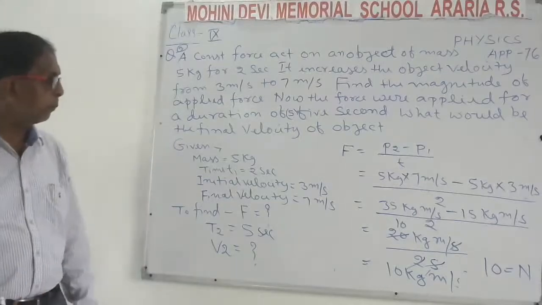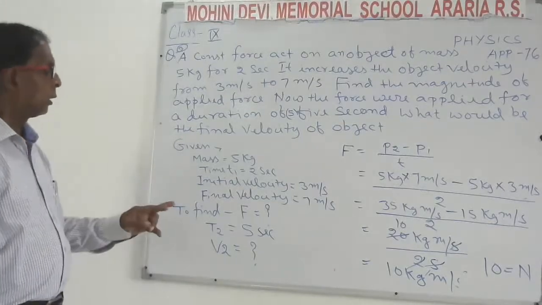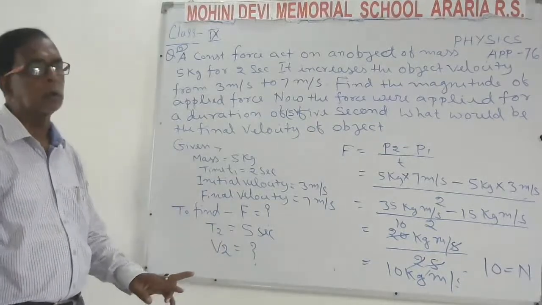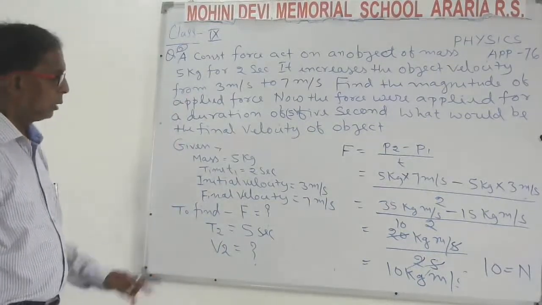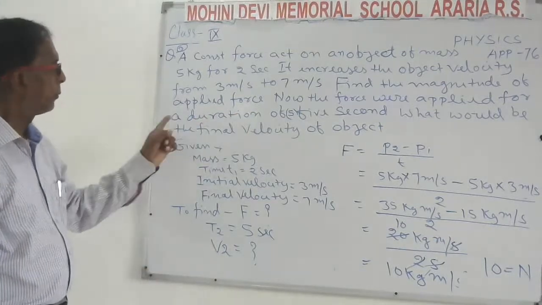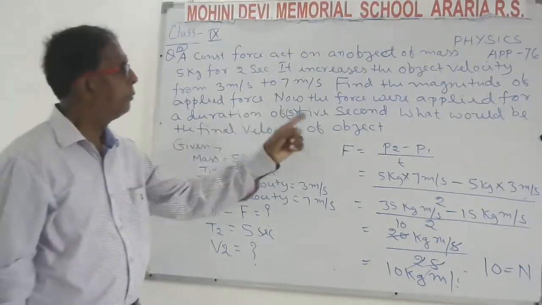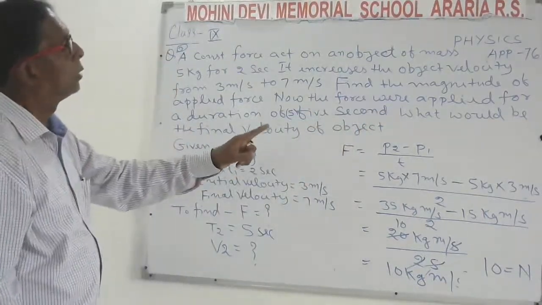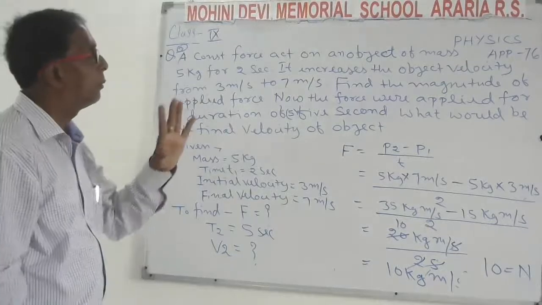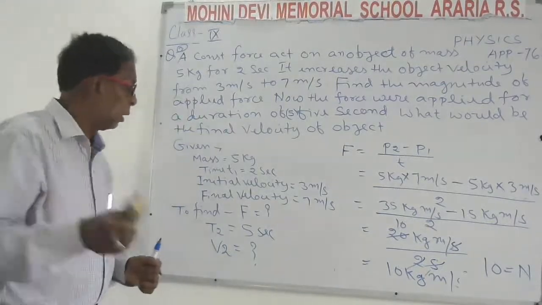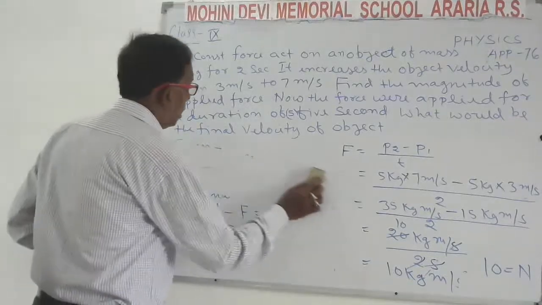And the second part asks that if it is applied for 5 seconds on the object, then what is the final velocity? Isn't that the question? For a duration of 5 seconds, what should the final velocity of the object be? Here I am erasing this part.